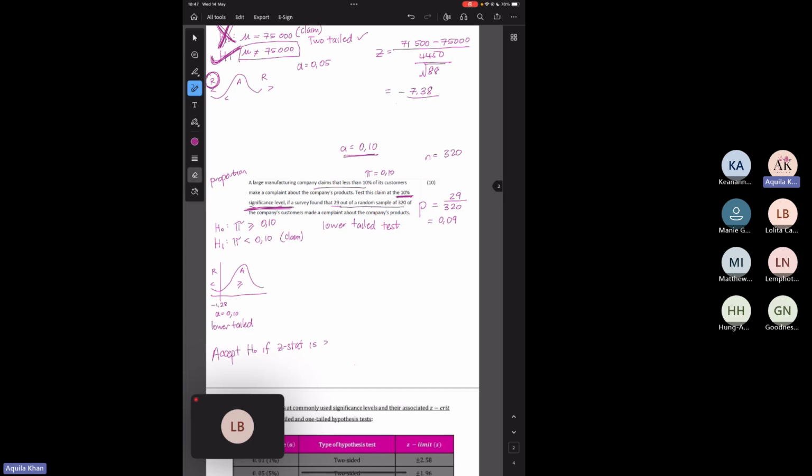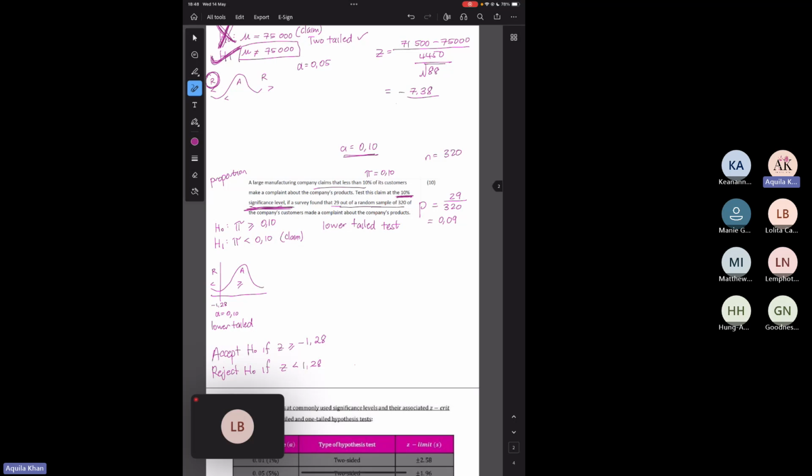In fact, again, you don't need to write the whole word Z stat. You can just say accept if Z is greater than or equal to minus 1.28, and you will reject the null hypothesis if Z is less than minus 1.28.